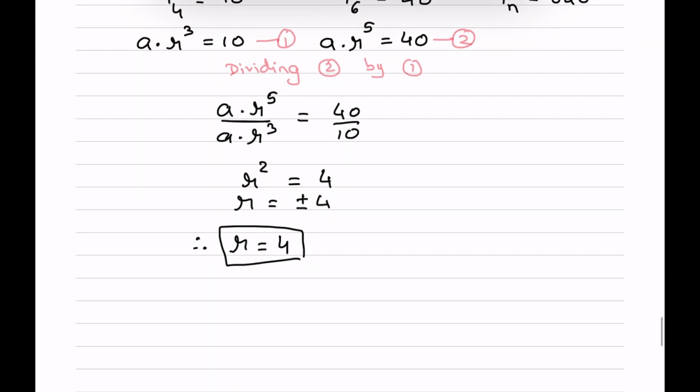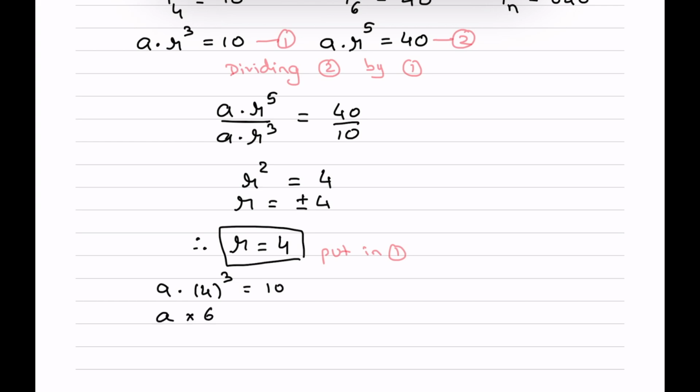Now using this value of r in equation 1, we get a times 2 raised to 3 equals 10, which is a times 8 equals 10.